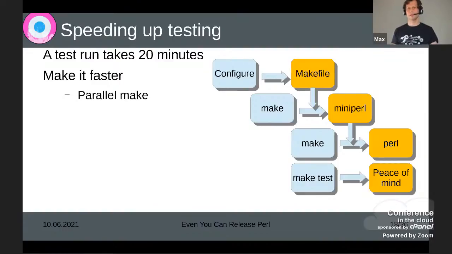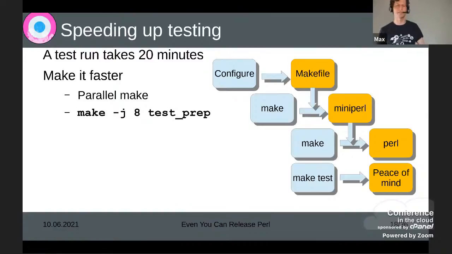Building Perl can be made much faster by running the make process in parallel. Tux recommends 20 CPUs in your machine. My machine has 6 CPUs with 12 cores or something. But I found that using 8 threads of compilation gives me the fastest result for my machine.